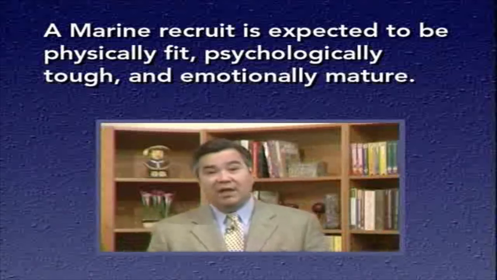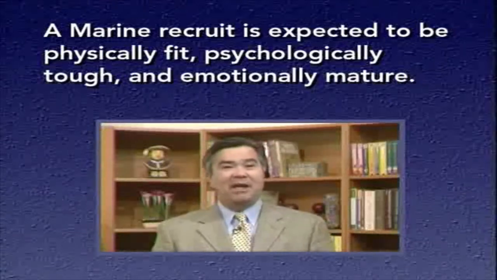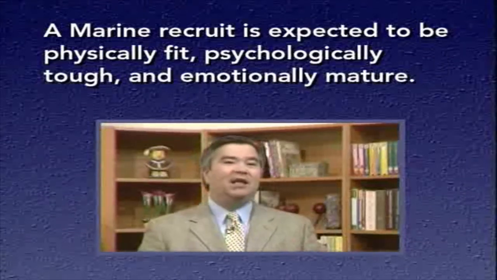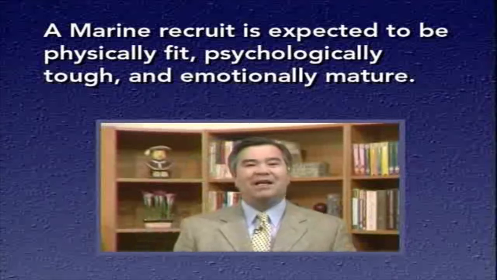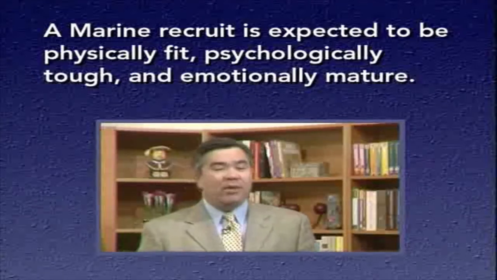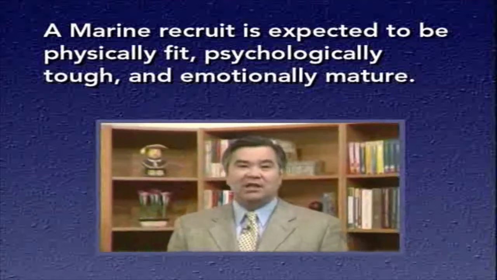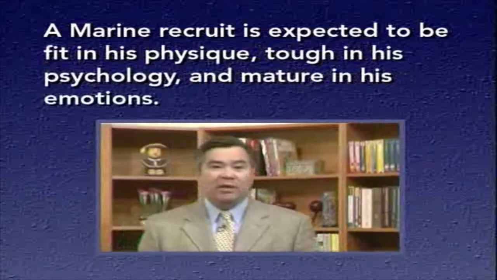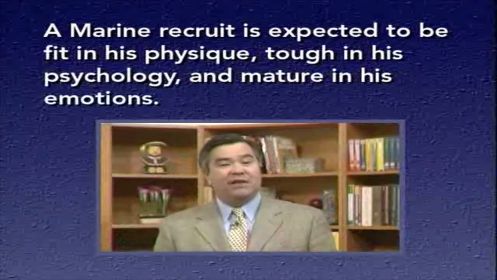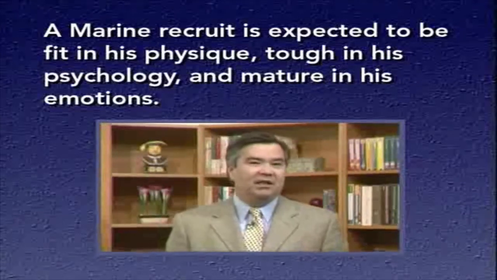We could also change the first two items to make it match the third if we wanted to. But then the sentence would contain longer phrases and would be a little less concise, and therefore wouldn't read quite as well. We could do that, however, if we want. The sentence could then read, a Marine recruit is expected to be fit in his physique, tough in his psychology, and mature in his emotions.